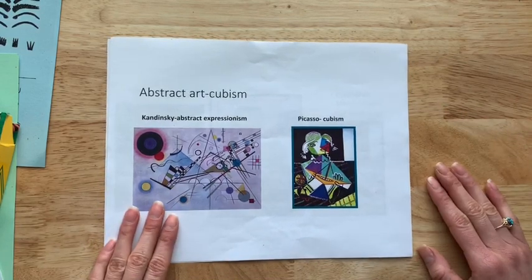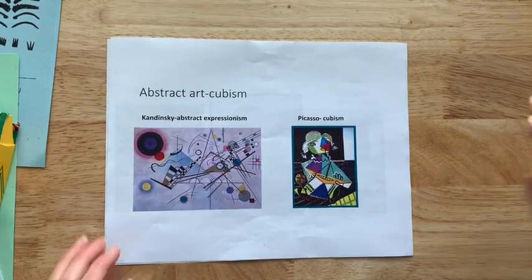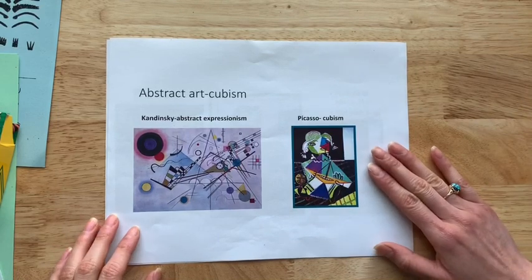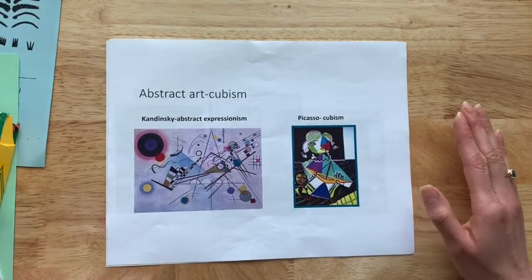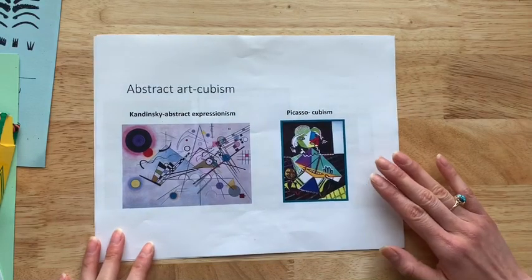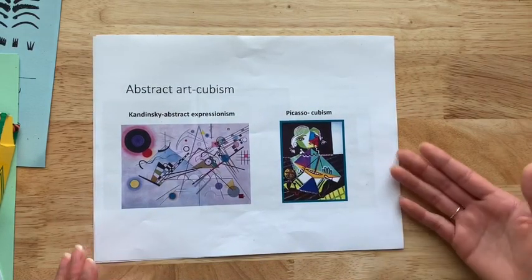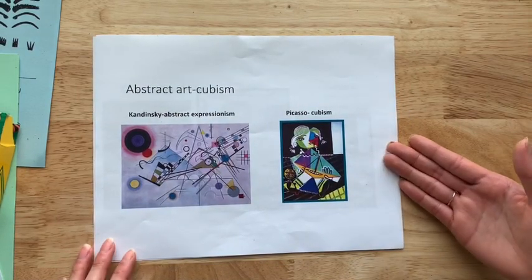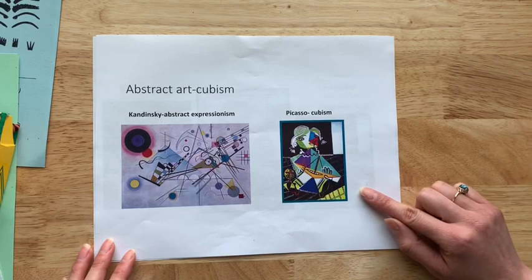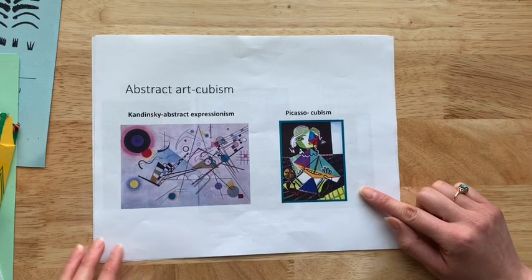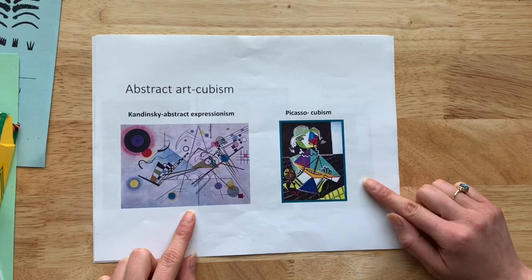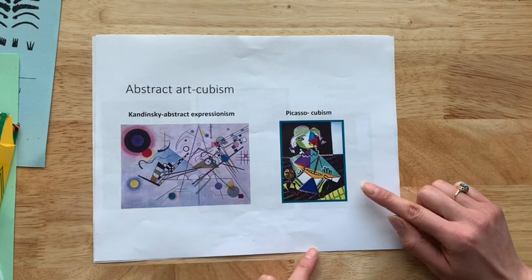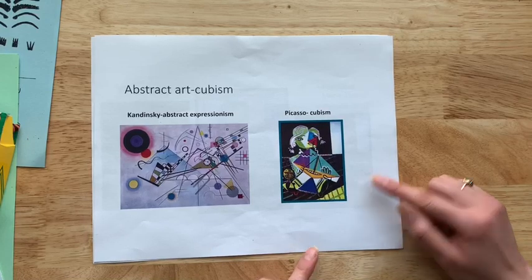Here, not so much, making this abstract expressionism and making Picasso's piece more of a cubism. So cubism is a type of abstract art that uses shapes, it uses straight lines, and a subject can be seen in these pieces. Subject cannot be seen here, subject can be seen here, okay? And for the most part, the subjects can be seen from all different angles, okay?